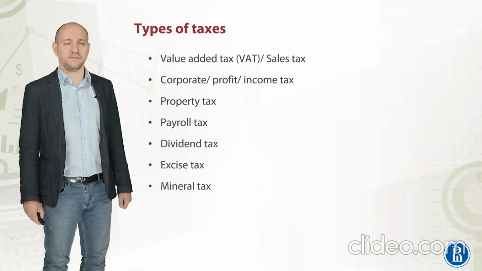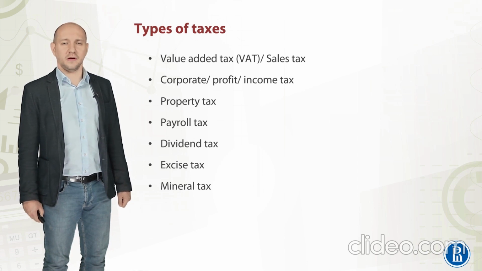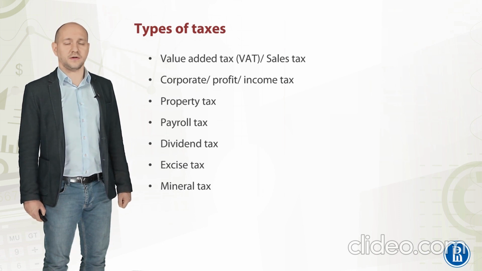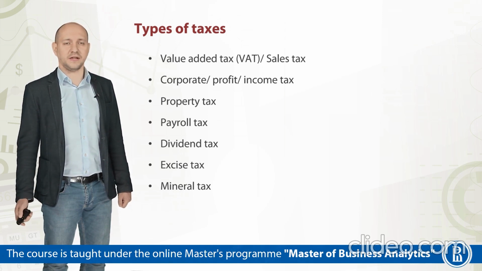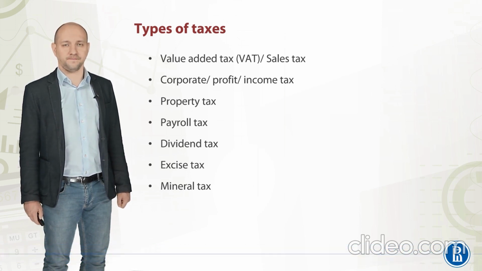But nevertheless, I decided to cover it a bit in detail here because this question arises pretty often when you build a financial model. Excise tax and mineral tax. Of course, it's not the whole list of potential taxes that we can see when we build a financial model, but it's the taxes that we see most of the time.